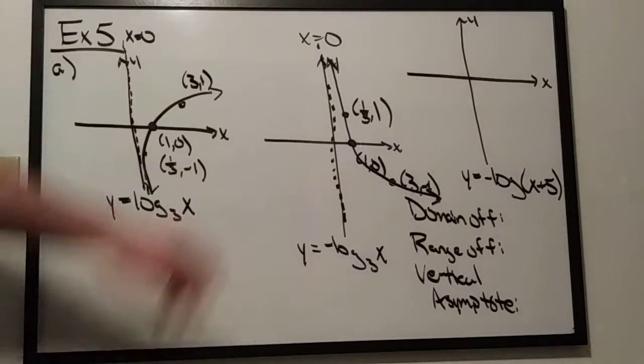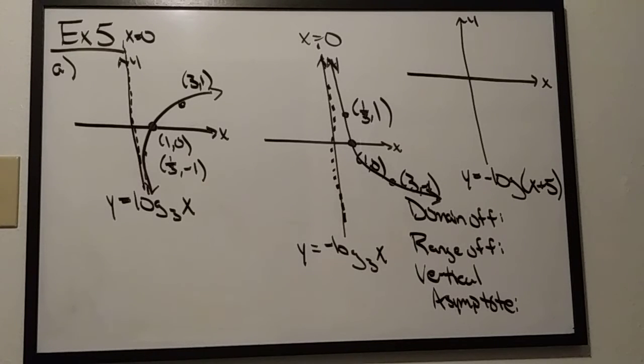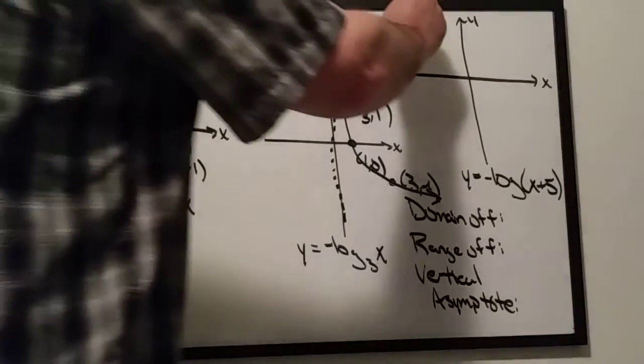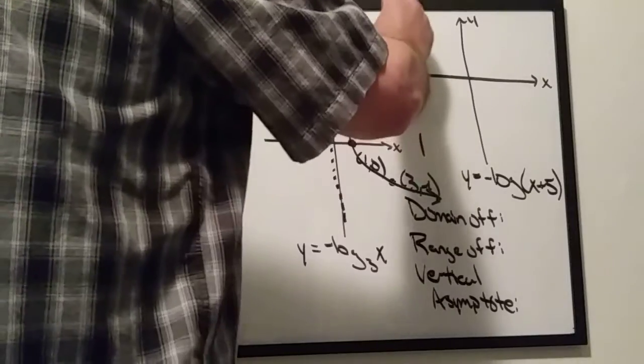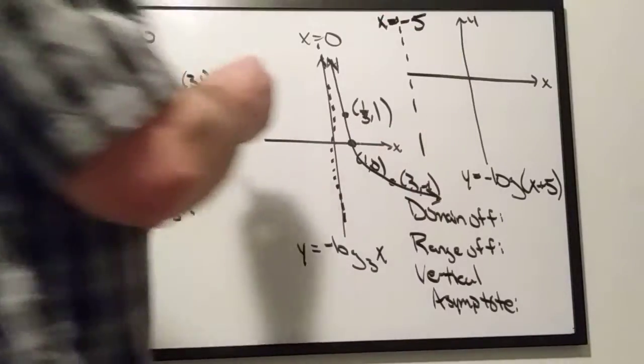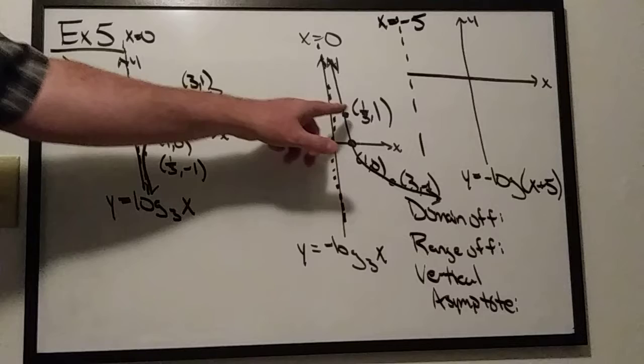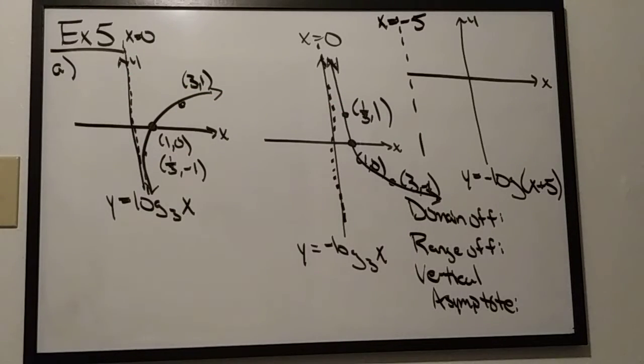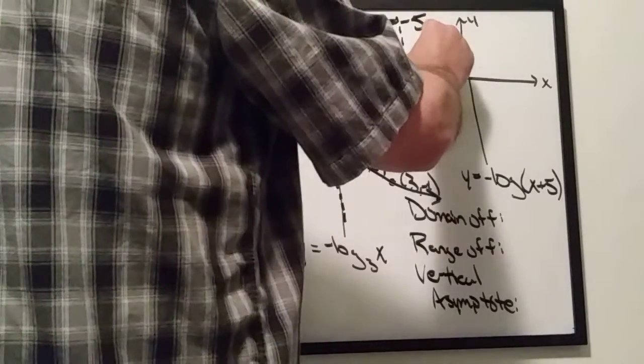Once again, I'm going to start with my asymptote. So x equals 0, if I take that entire vertical line and move it to the left, it's now going to be over at x equals negative 5. And then the point (1/3, 1), if I subtract 5 from that, I'm going to get (negative 4 2/3, 1). So let's plot that.